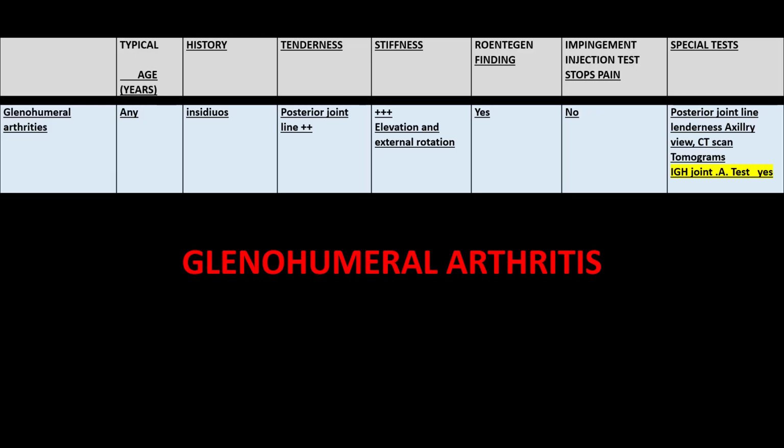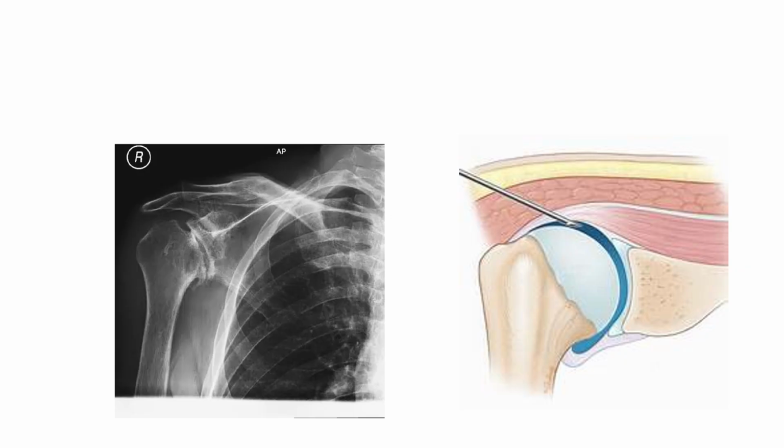Glenohumeral arthritis, either due to osteoarthritis or inflammation. Usually the patient complains of pain in the shoulder and the neck, and this pain is chronic, especially in cases of osteoarthritis.